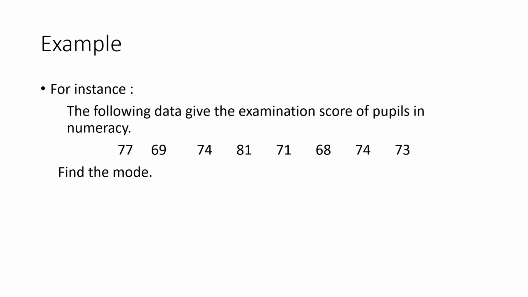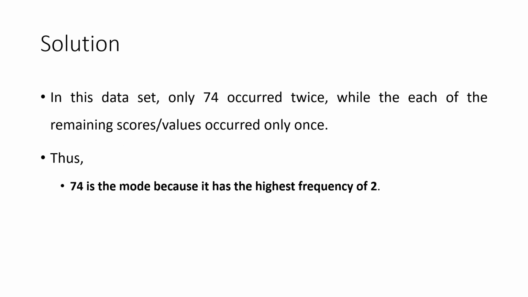We said mode is the number that occurs most often. So you're looking at these scores here. It may not be out of place to arrange the numbers chronologically as much as possible, to make it easier. But you agree with me that in this data set, only 74 occurred twice, while each of the remaining scores occurred only once.